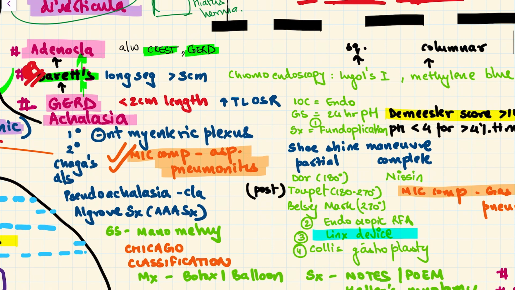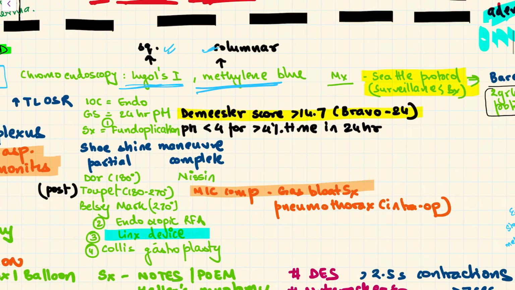Remember, there are two types, long segment and short segment. Long segment is more than 3 cm and short segment is less than 3 cm. Then chromoendoscopy is done with Lugol's iodine for the squamous part and methylene blue, which stains the columnar part.